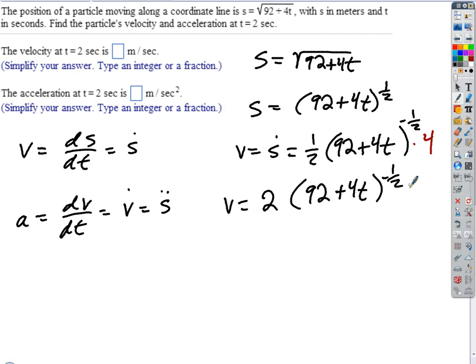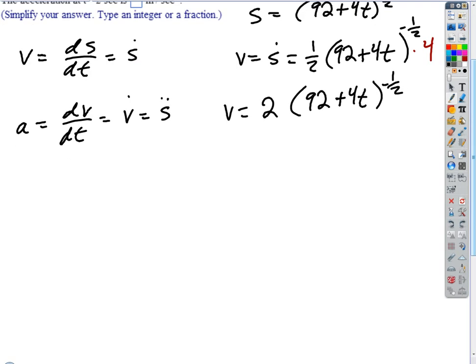What about acceleration then? Take the derivative of that. So a is going to be, just leave the 2 out front. Everybody's okay with that, right? Because the 2 is just a constant, so we'll leave that out there and differentiate the function.